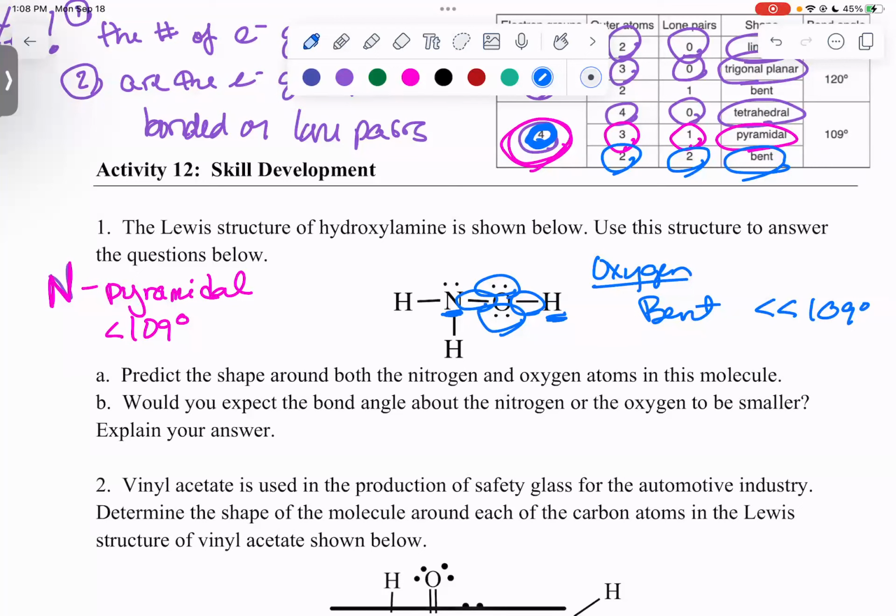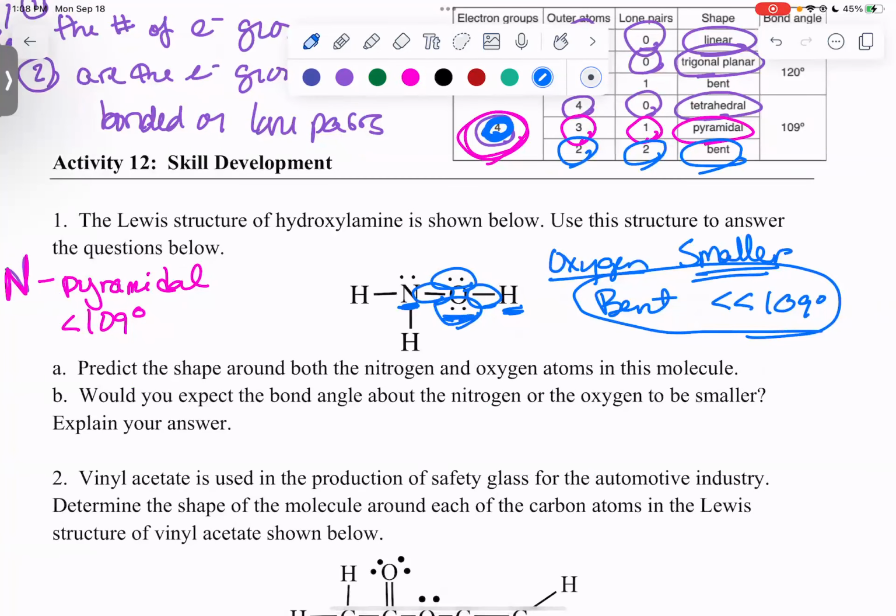So what would we expect our bond angle about the nitrogen or the oxygen to be smaller? Well, the bond angle between the oxygen is smaller because we have more valence electrons that push on those bond angles. So even though we drew this linearly, really this oxygen has a hydrogen here, and then its nitrogen comes off, and then you can draw the rest of the molecule. But really this bond angle got squished because of these valence electrons that are taking up so much space.